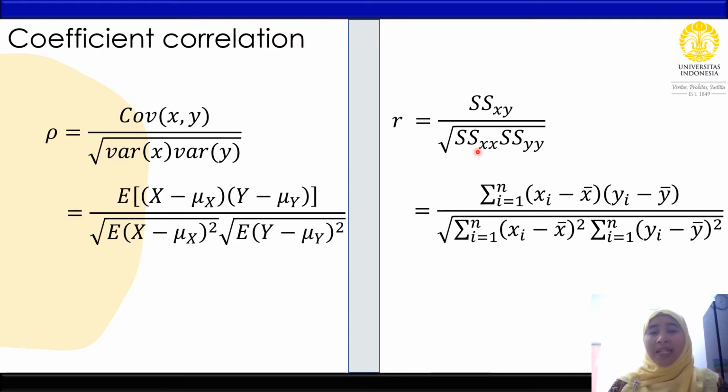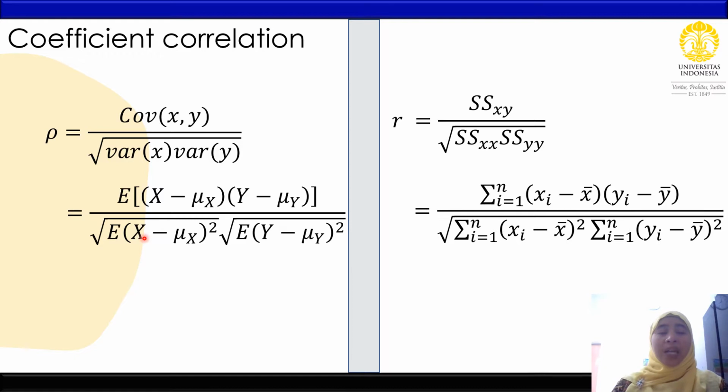On the right hand side, we have a similar formula, but instead of mu x, here we have x bar, and instead of mu y, that is the expected value or the mean of y, here we have the y bar.